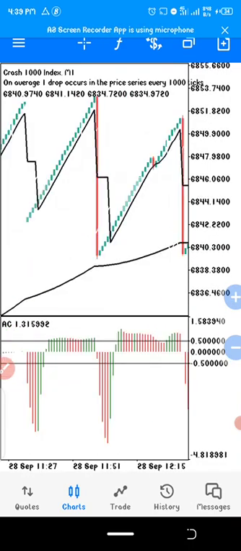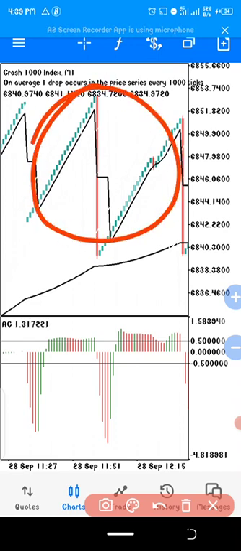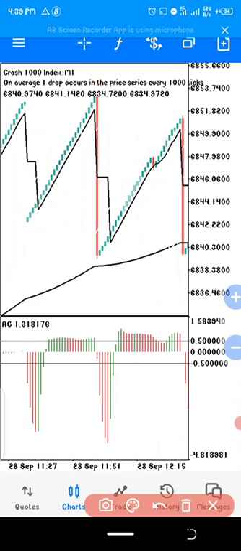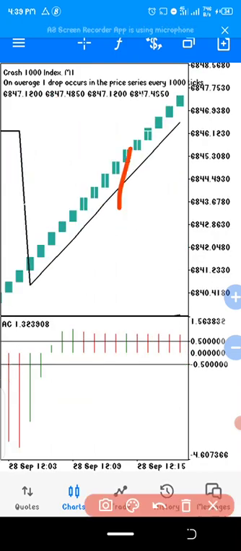All right, so you can see right here the candles are above the 200 moving average, which is this black line right here. Then we want the candles to close above.